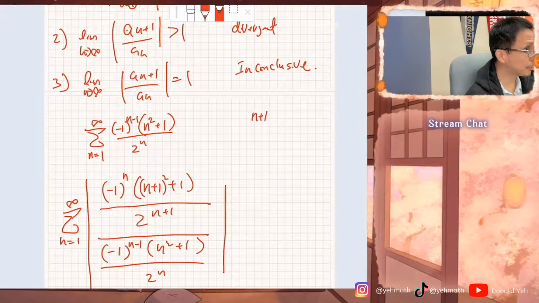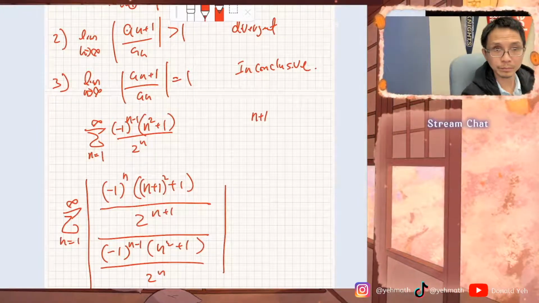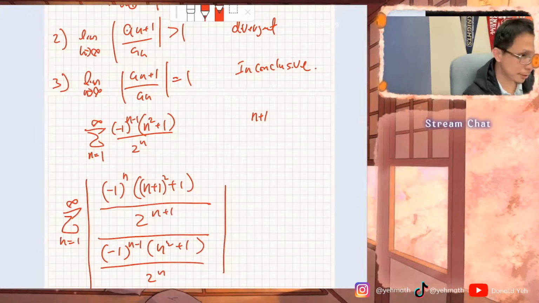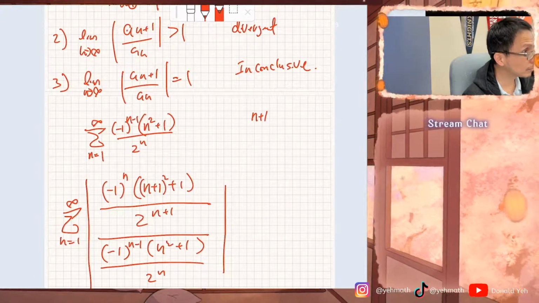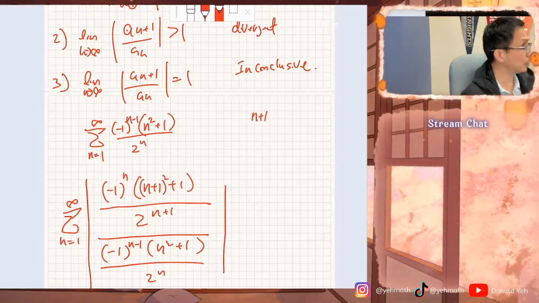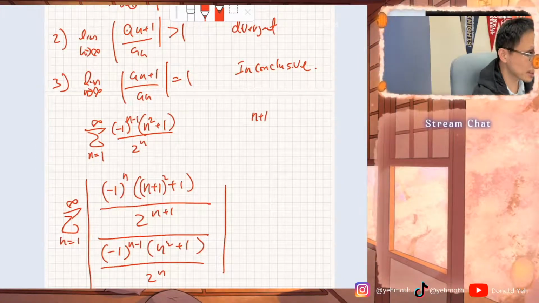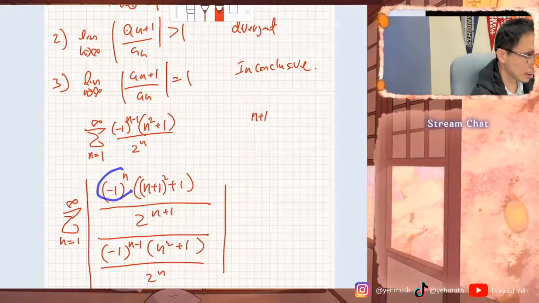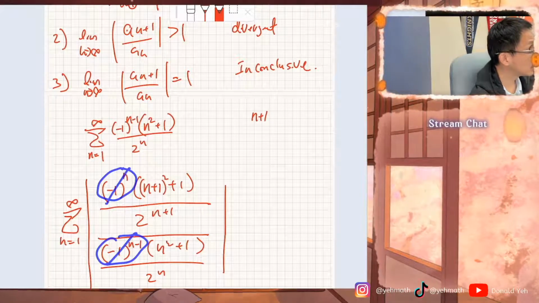Any questions so far? You literally just plug it in on the top and bottom. Okay. And what does the absolute value do? It makes it positive. So which part is going to go away? All this part, right? Does that make sense?